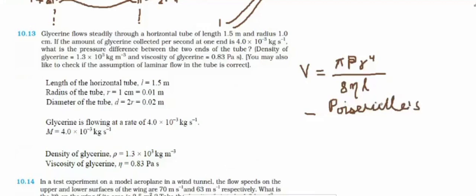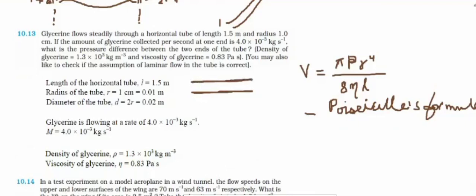Now in this equation, in Poiseuille's formula, you have to see various terms. V is the rate of flow, volume per second. P is the pressure difference between two cross sections. This formula is used to explain the flow of liquid in a pipe.